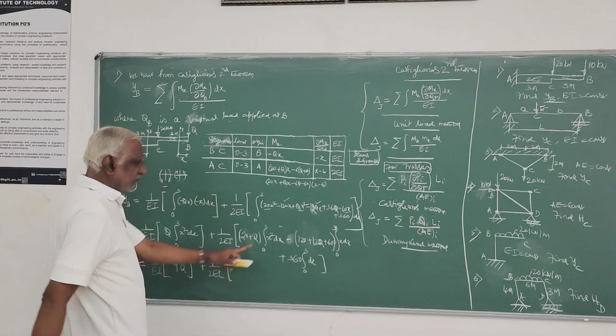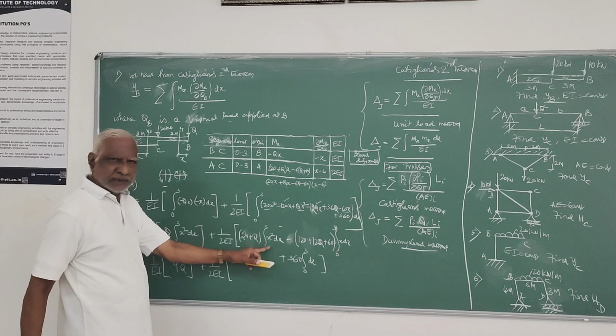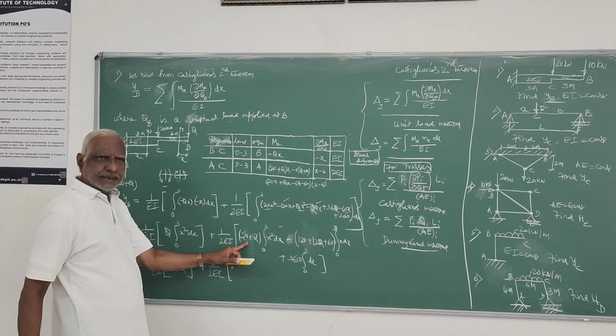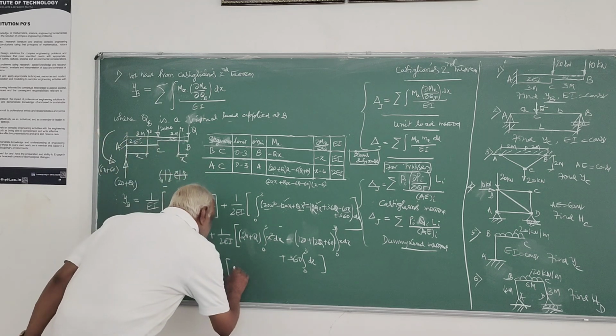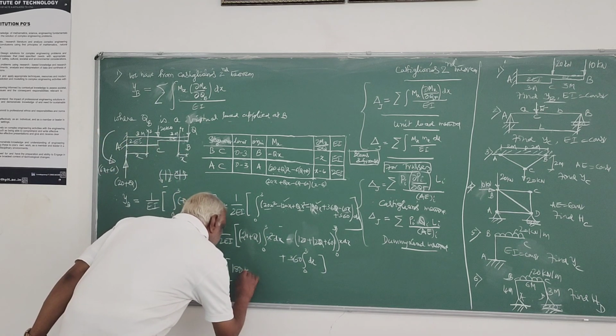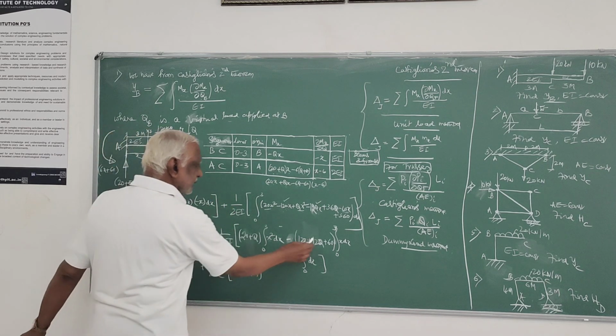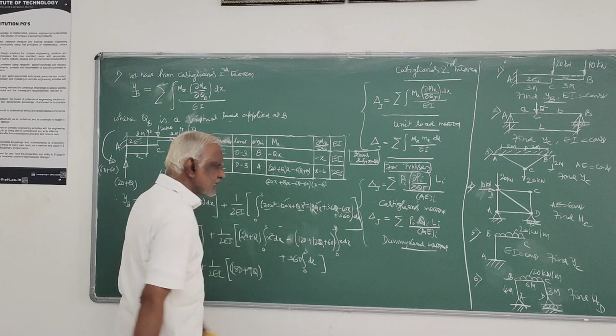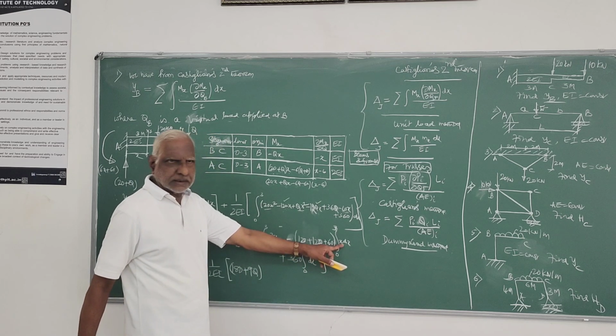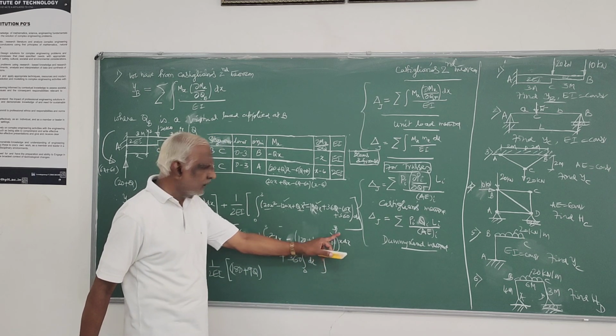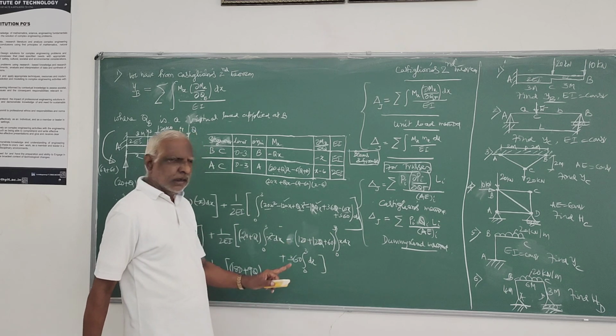It is x cubed by 3, 3 cubed by 3, that is 9. 9 into 20 plus q, that is 180 plus 9q. Next, I will integrate this. Integral of x dx is x squared by 2, that is 9 by 2.